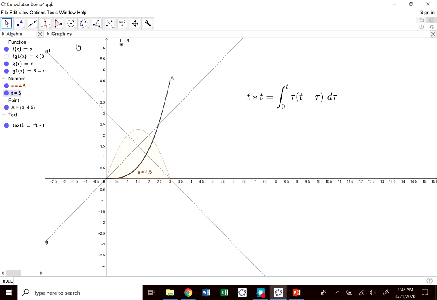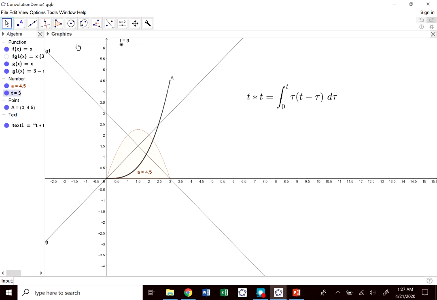Would you agree that is nothing but tau times, in this particular case t happens to be 3, so that is the graph of tau times 3 minus tau. Tau times 3 minus tau, x times 3 minus x is 3x minus x squared.